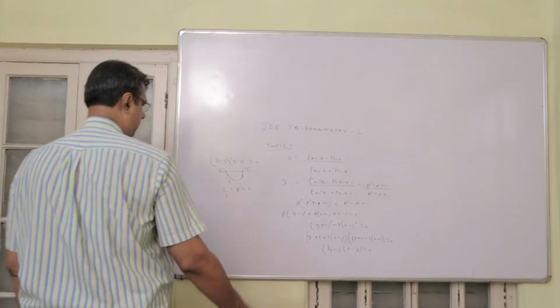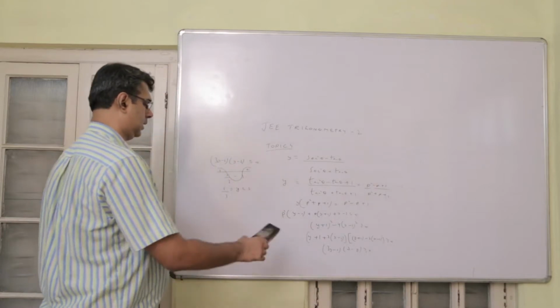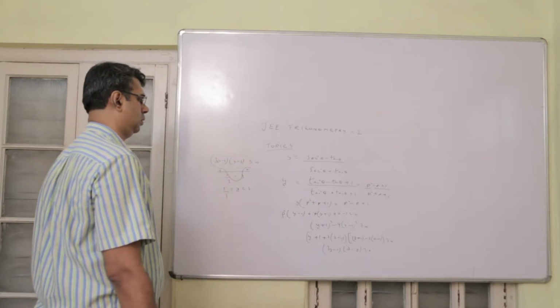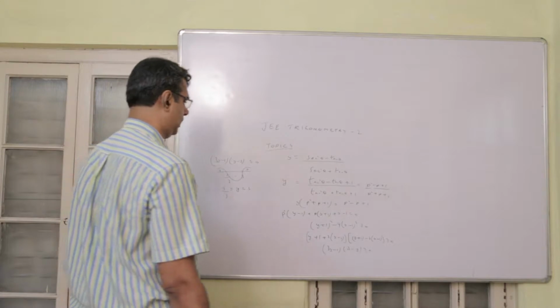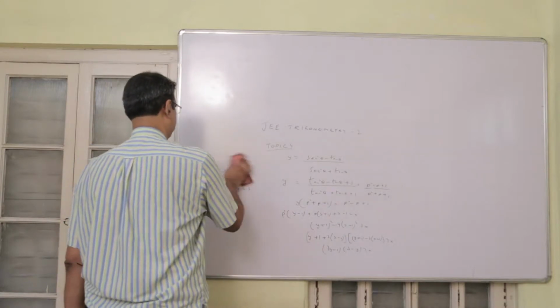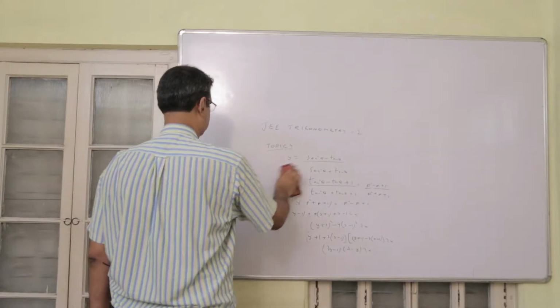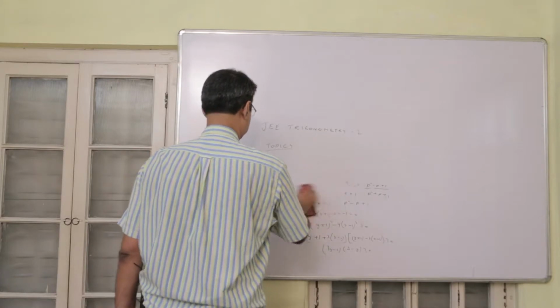Now in order to find the maximum and minimum value in this particular sum, we used the quadratic equations concept. What are the other kind of questions other than this?